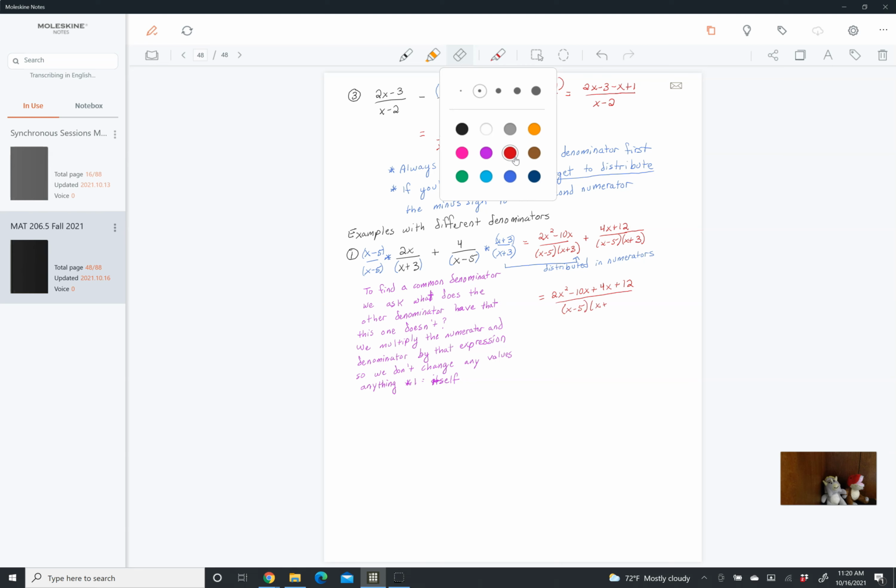You can go straight to adding. So we added the numerators. Now we're going to combine like terms. So negative 10x plus 4x is negative 6x.